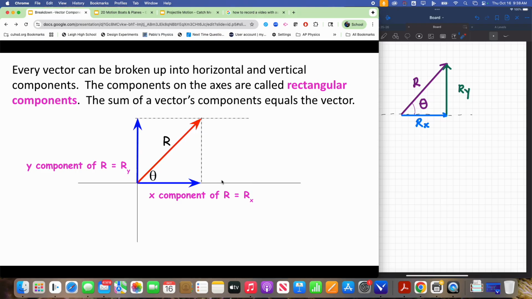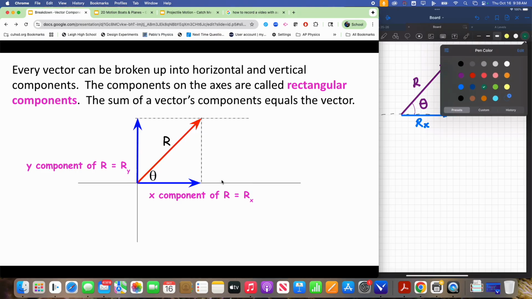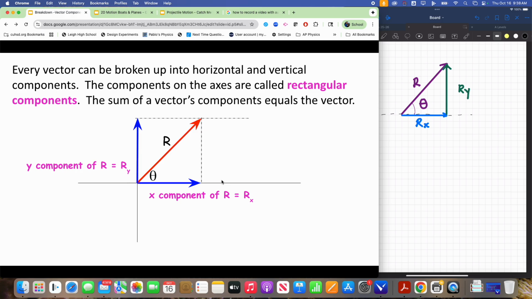r. So here's where our right triangle geometry comes into play. Let's go back to the geometry part. Sine of an angle is equal to opposite over hypotenuse, and cosine of an angle is equal to adjacent over hypotenuse.